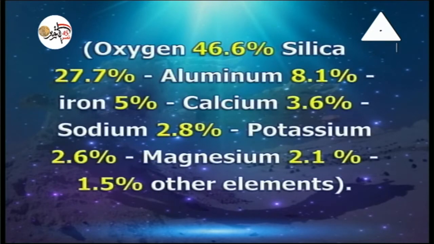They are oxygen, which forms 46.6% of the Earth's crust, silica 27.7%, aluminum 8.1%, iron 5%, calcium 3.6%, sodium 2.8%, potassium 2.6%, magnesium 2.1%, and only 1.5% for other elements. These are the most important 8 elements. They form all the Earth's crust by uniting with other compounds.